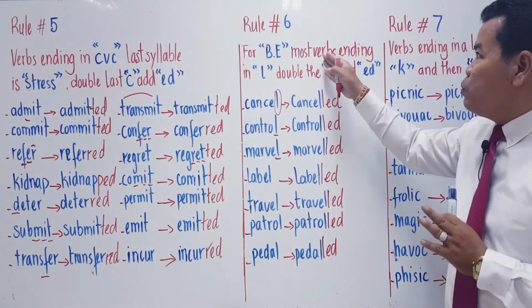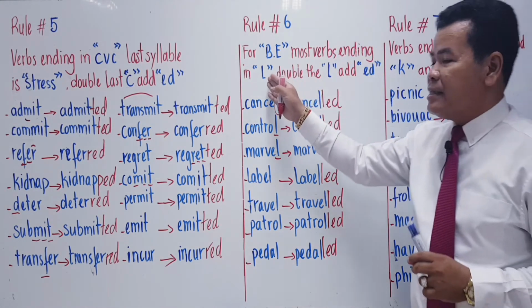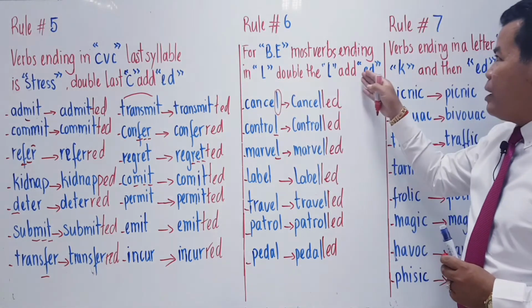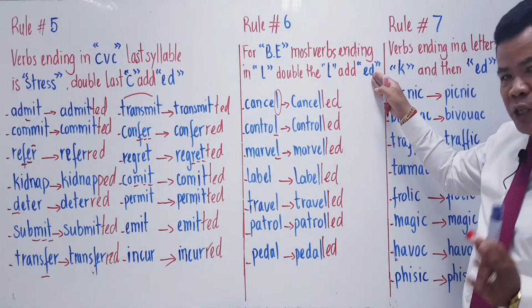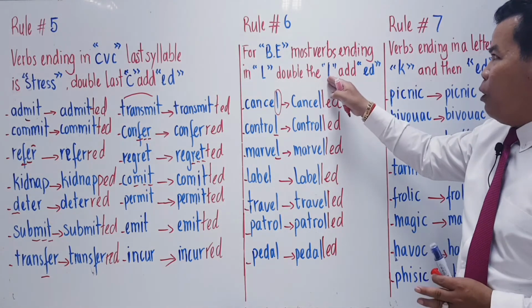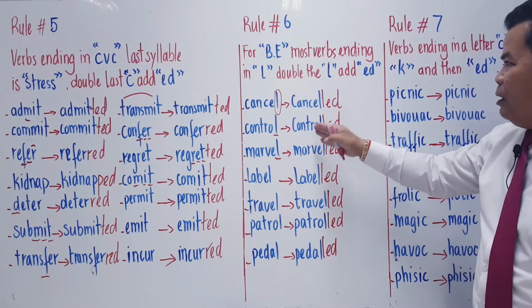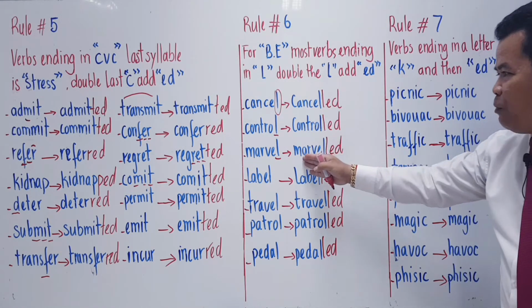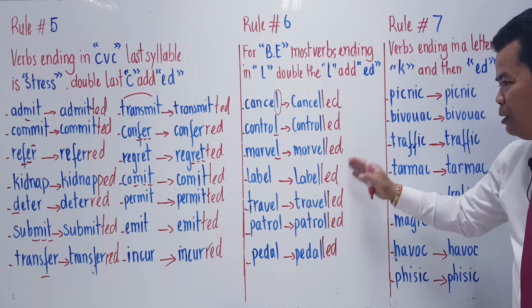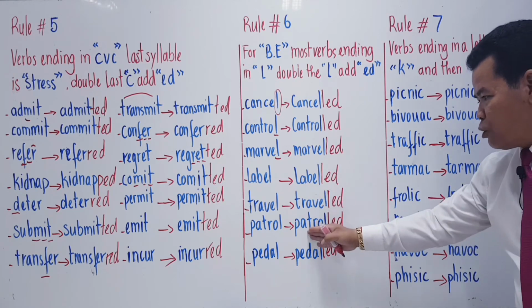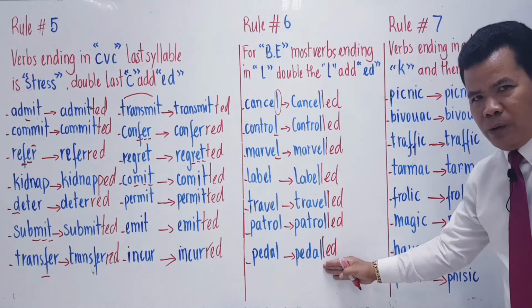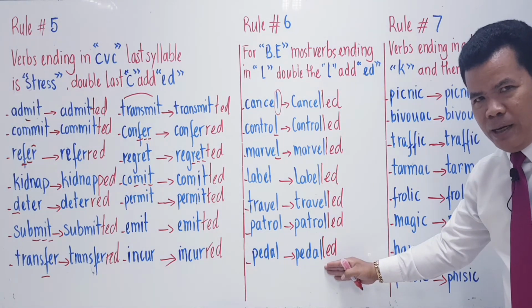I say most verbs ending in a single L, before adding ed to make the past participle, we have to double one more L. Examples: cancelled, controlled, marvelled, labelled, travelled, petrolled, pedalled. Okay? Do you understand? Are you clear now? I hope you will be clear, right?